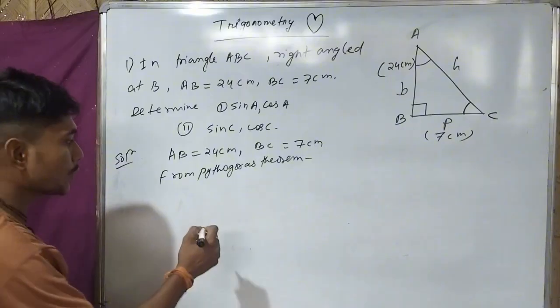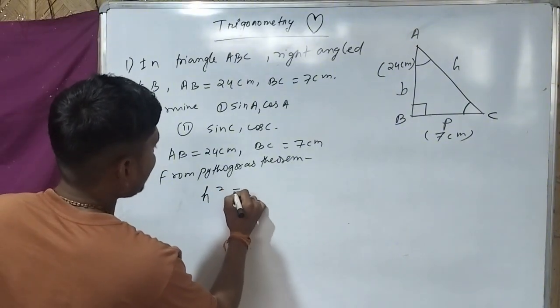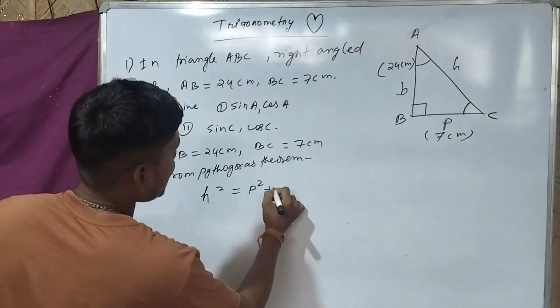From Pythagoras theorem, we know h square, that is hypotenuse square, equals perpendicular square plus base square.